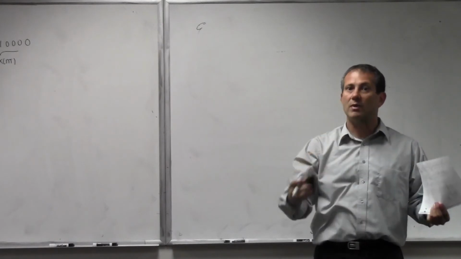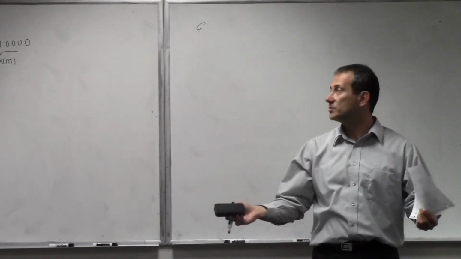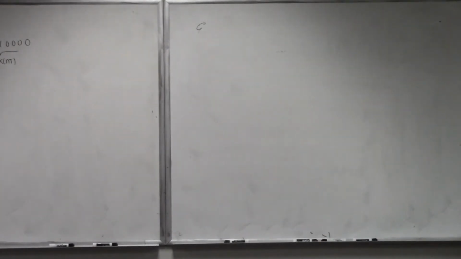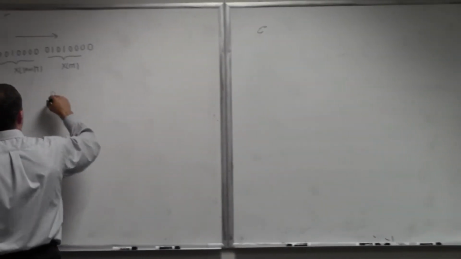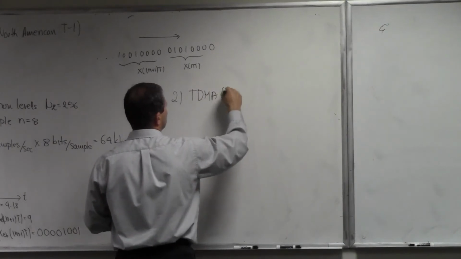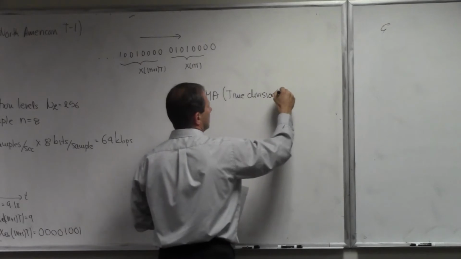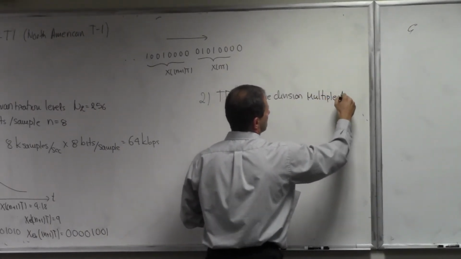We know several ways of doing them. One of the most prevalent ones is time division multiplexing, and that's the one that we have implemented in telephony, also in CDMA. So time division multiplexing, time division multiple access.